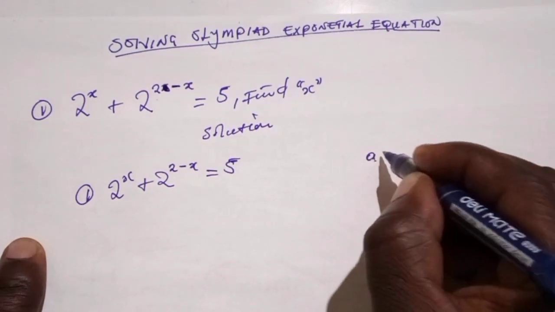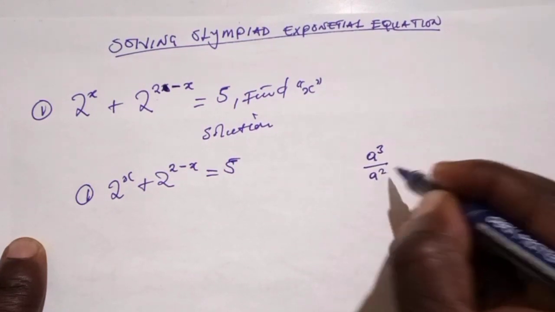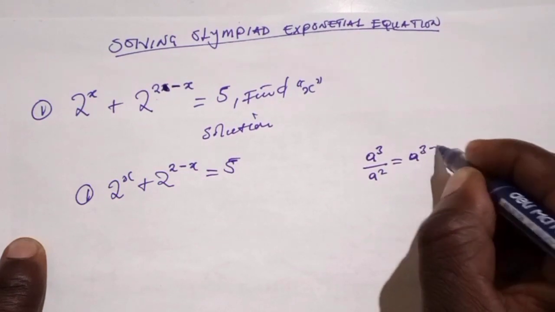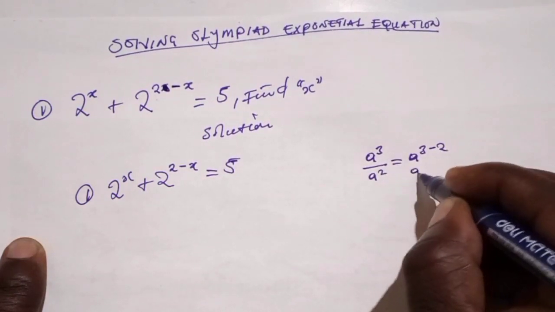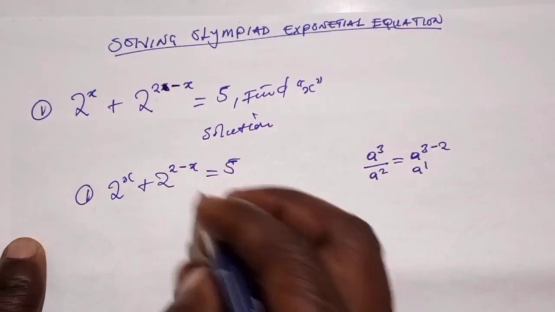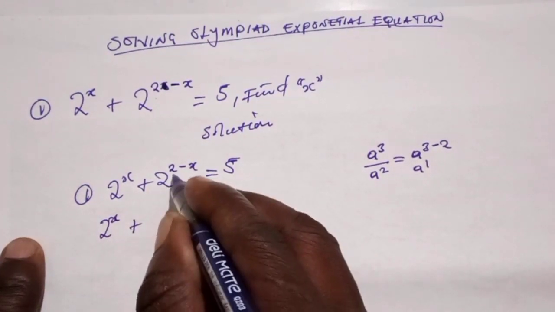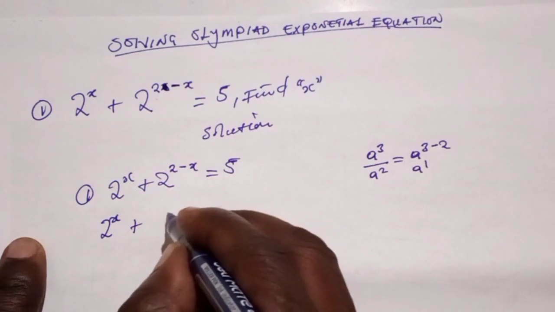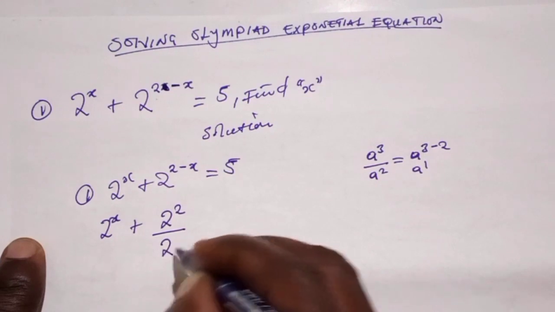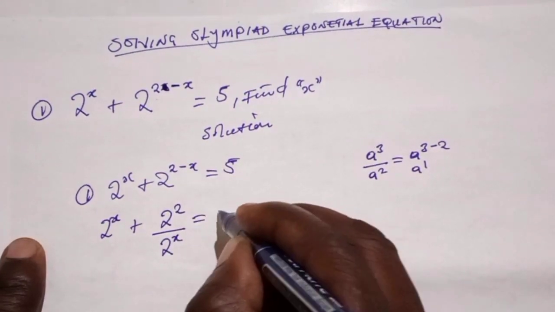Remember, in indices, if you have a power 3 divided by a power 2, then this is equal to a power 3 minus 2, which is a power 1. So we are going to do the same thing here, in which it will be 2 to the power x plus 2 to the power 2 over 2 to the power x equals 5.